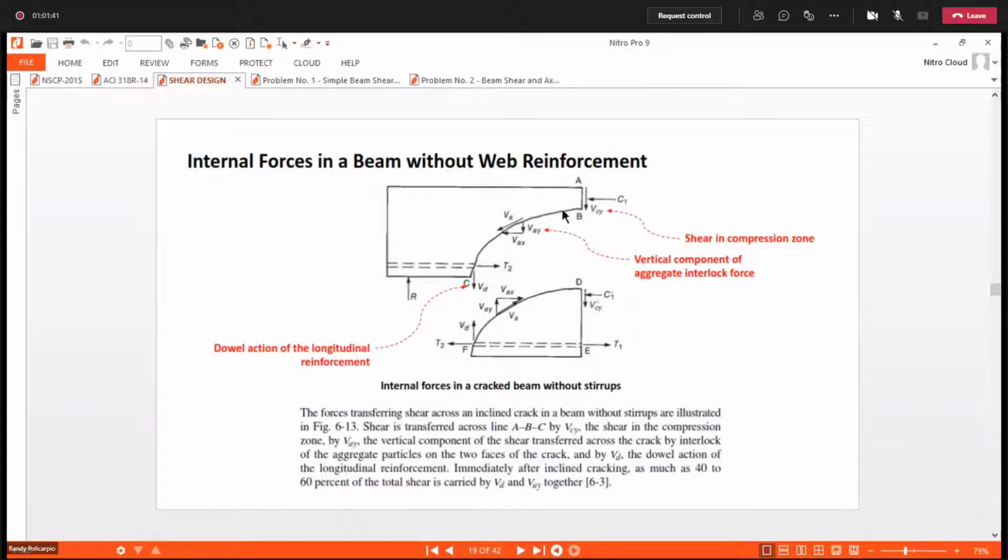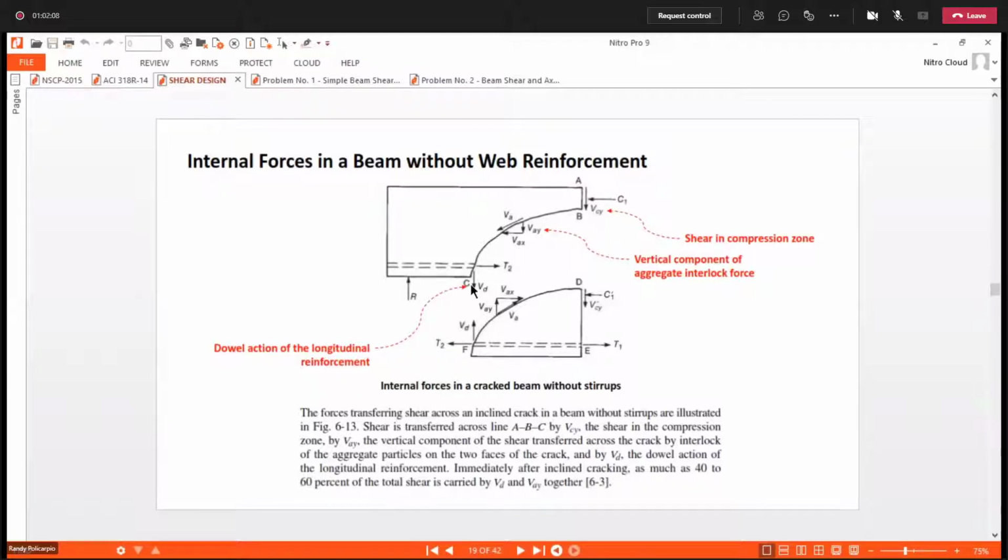Another one, along this diagonal crack, you have your VA, your shear. If we resolve its components, the internal force we consider here will be the vertical component, that is the vertical component of the aggregate interlock force. So this is the interlocking of our aggregates.